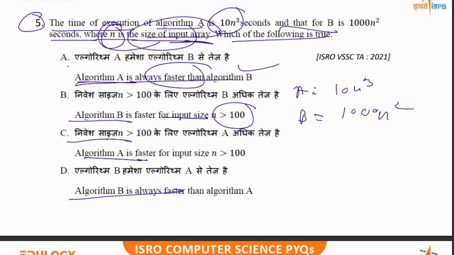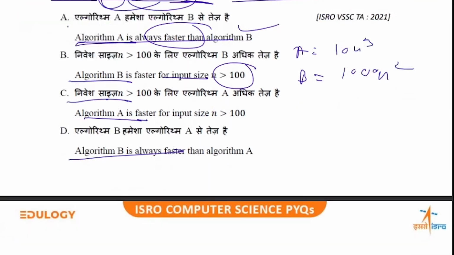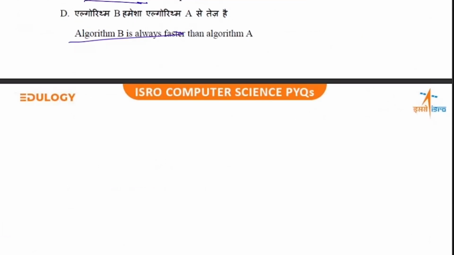Okay, let's see. Algorithm A is 10 n cube and B equals 1000 n square.